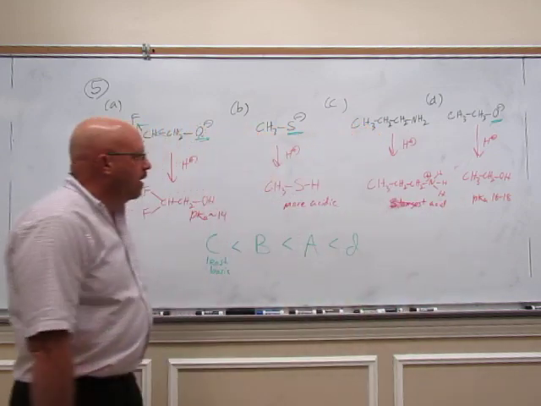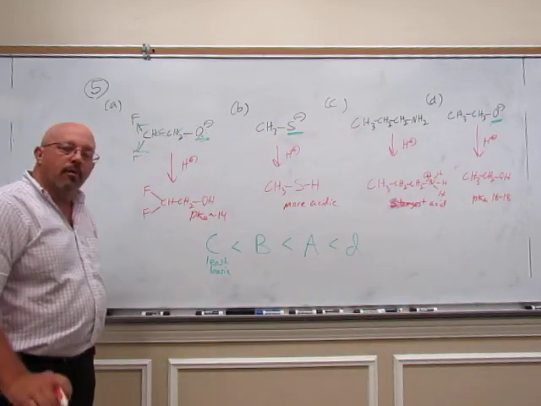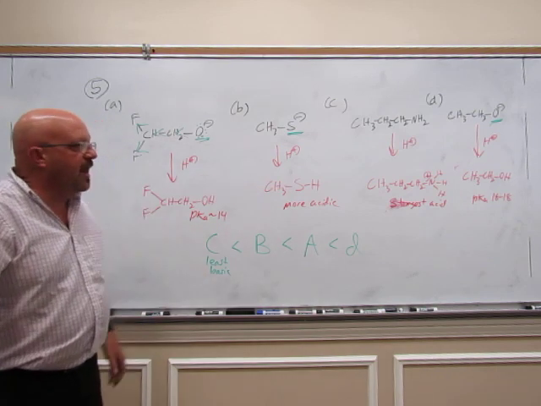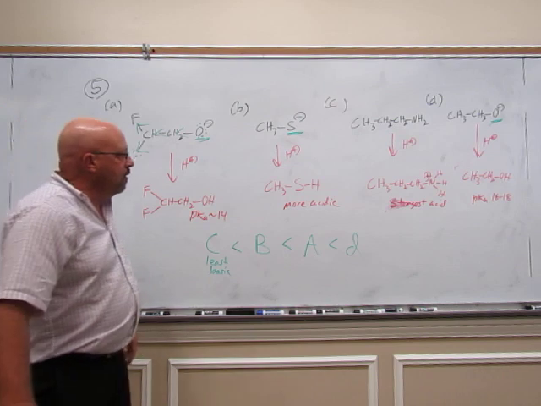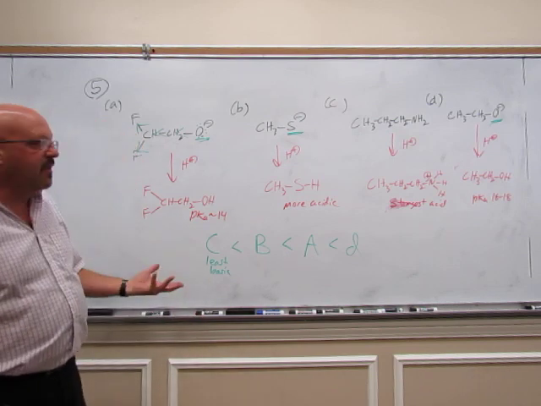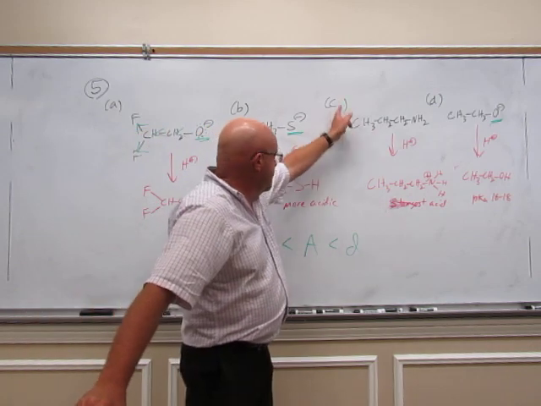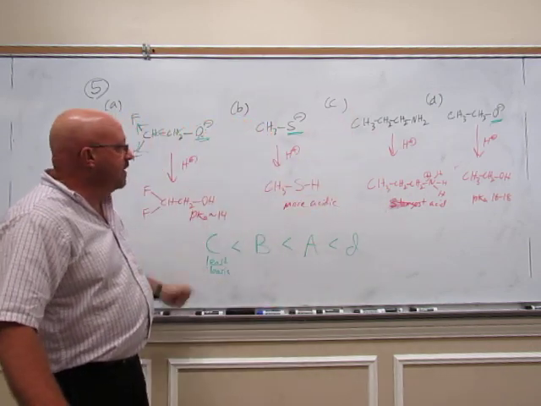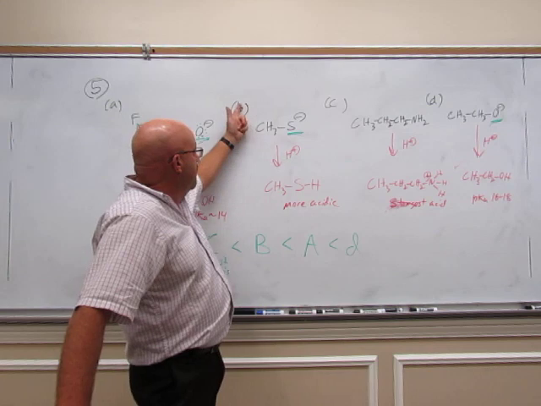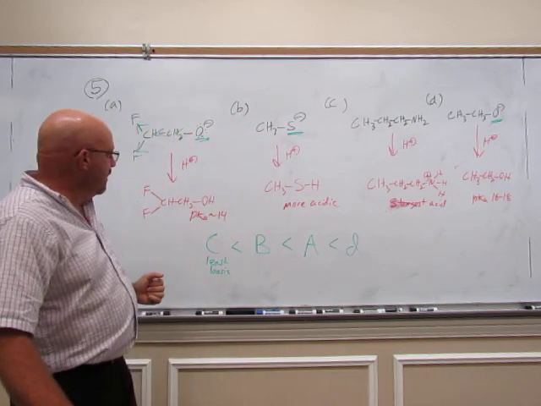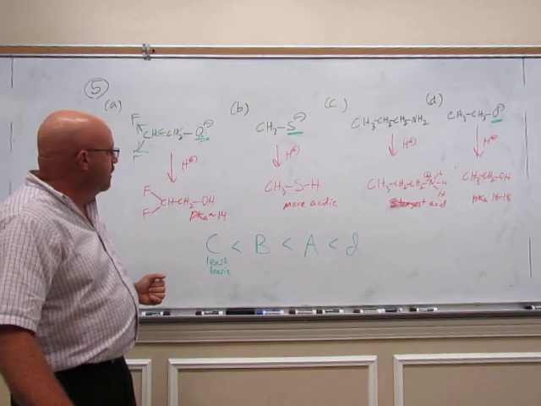Now, we just take the reverse order for the bases. Since we protonated, looked at the conjugate acid, we've got the order, and we just take the opposite. So the strongest acid was C, so it would be the least basic. The next strongest acid was B, and it would be the next least basic.